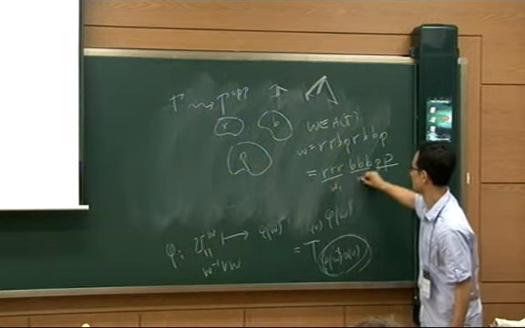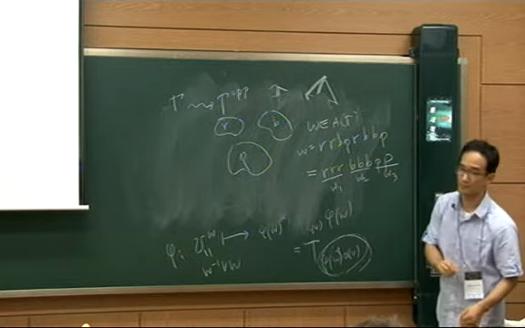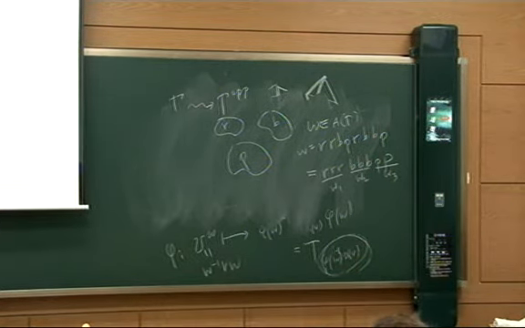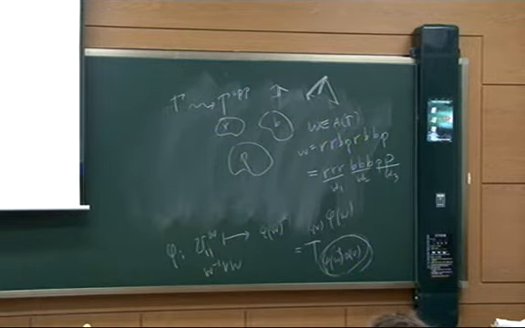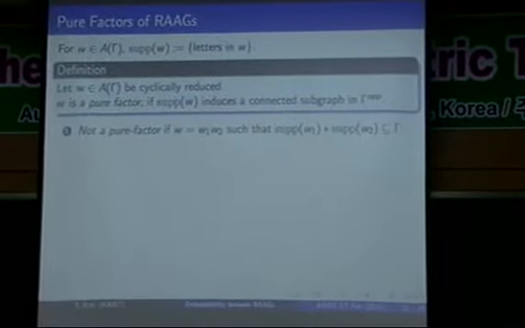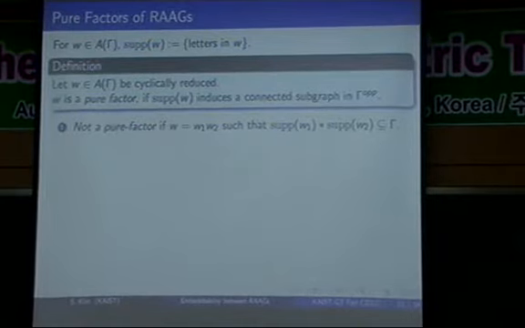We're going to consider the cyclically reduced case only for simplicity. So these are called pure factors. In other words, each one is a pure factor. Pure factor means that the support is a connected subgraph of gamma opposite. Because if there is no more than one component, then that process is already done. Being a non-pure factor means that it breaks as a star, which means topological join.